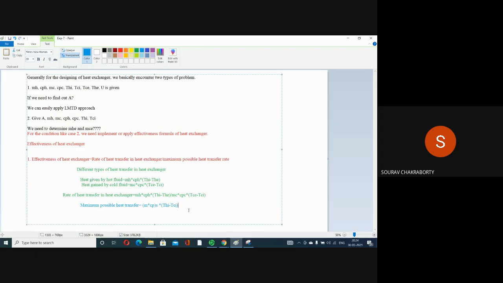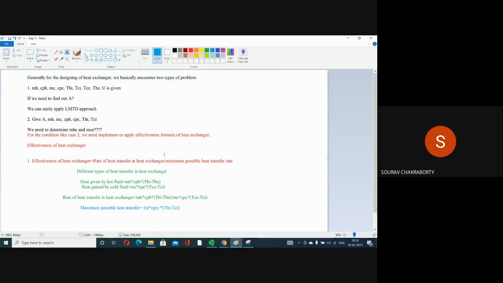Okay, so why is this the maximum possible heat transfer? You can see here for this particular expression Thi and Tci. Suppose for parallel flow we are observing the temperature profile. So this kind of profile we are going to get.